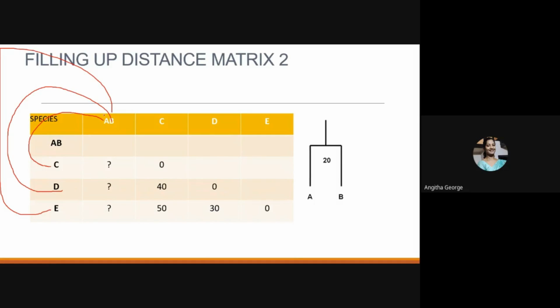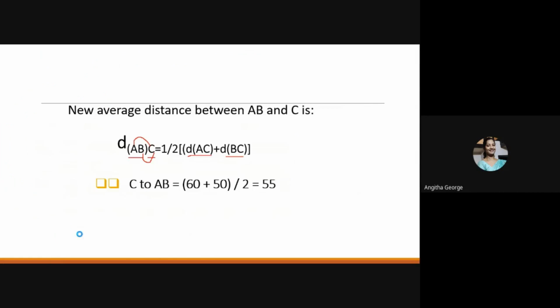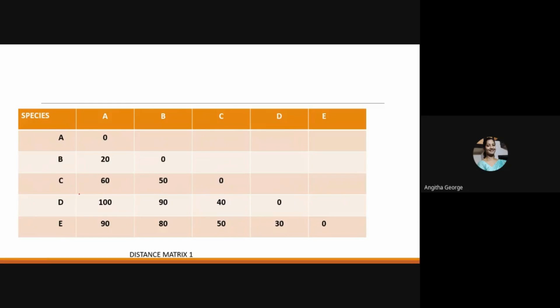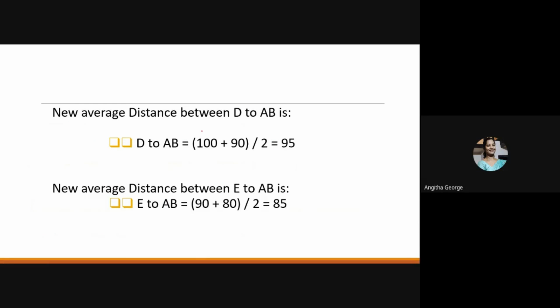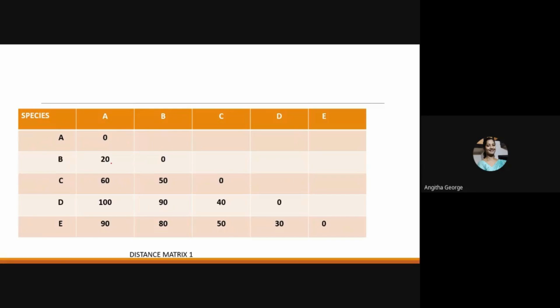Like that, we have to calculate the distance between AB to D and AB to E. Okay. So the new average distance between D to AB means the distance between A to D plus the distance between B to D, divided by 2. Let's see, what is the distance between A to D?